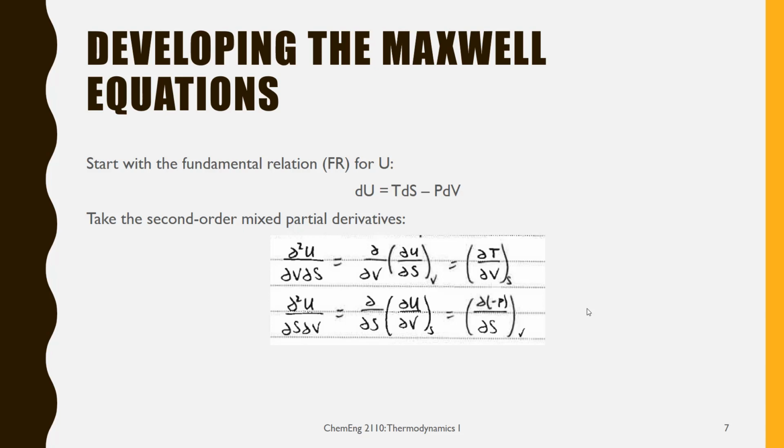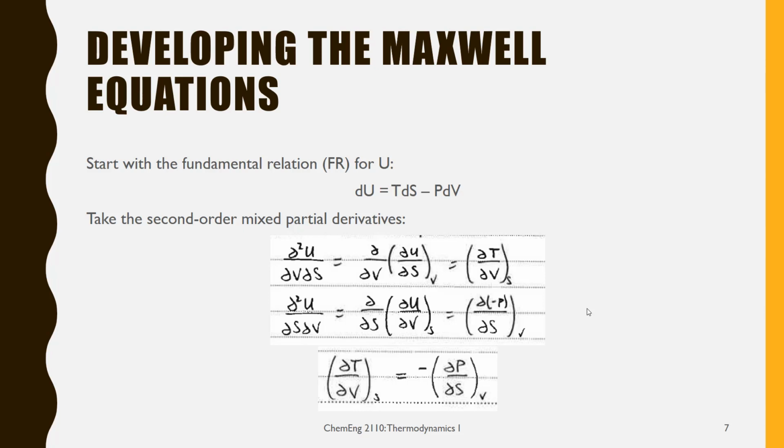So I can do this as the derivative of U with respect to S and then with V, which gets me dT/dV at constant S. Or I can do the derivative of U with respect to V and then with respect to S, getting me negative dP/dS at constant volume. These have to be equal to each other. So this last thing where I just simply said they're equal to each other, this is a Maxwell relation. dT/dV at constant S is equivalent to negative dP/dS at constant volume.